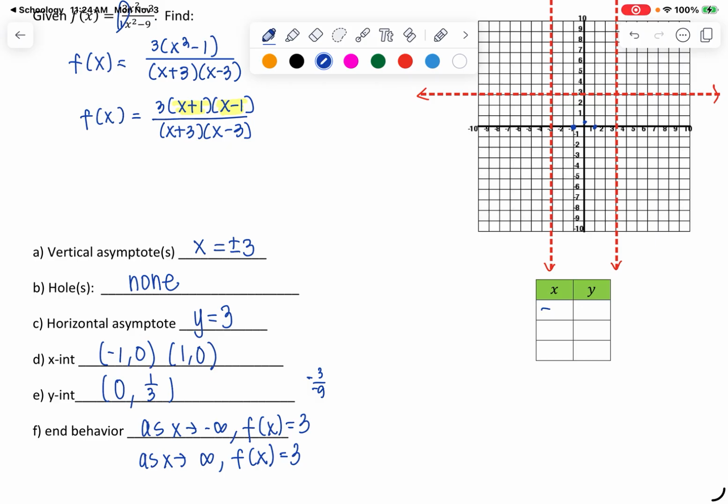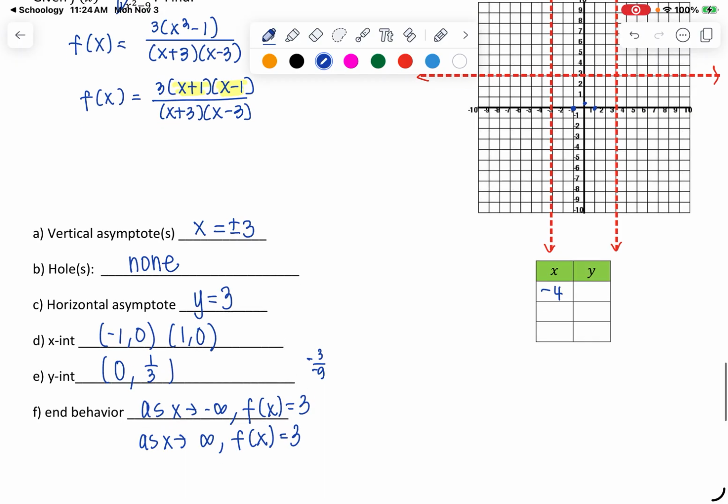So I'm going to do -4, and I'm going to plug in -4 and see what I get. So if I plug in -4 in the numerator, I have 3 times -3 times -4 times -1 is -5 over, plug in -4 in the denominator, I have -1 times 7, right? -4 minus 3 is -7, my bad.